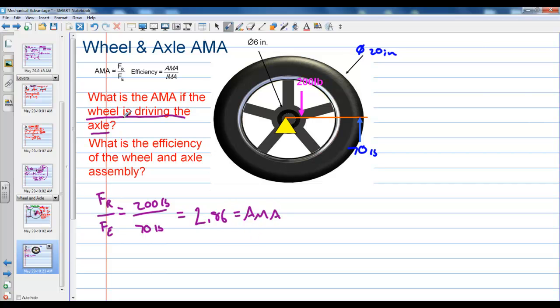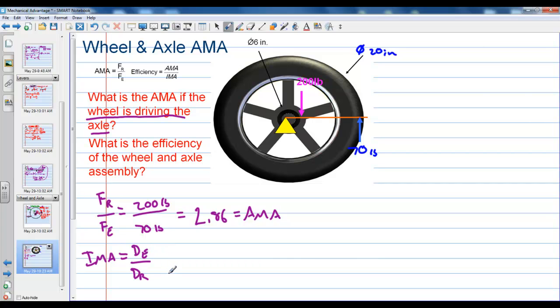Now, if we looked at this same question from before, I actually think I had these reversed. If the wheel is driving the axle, what is the ideal mechanical advantage? Well, the ideal mechanical advantage is the distance of the effort over the distance of the resistance. So what was being driven? The axle was being driven. We had a 6-inch diameter, that means that's 3 inches.